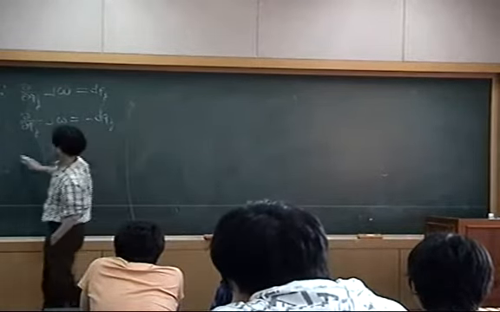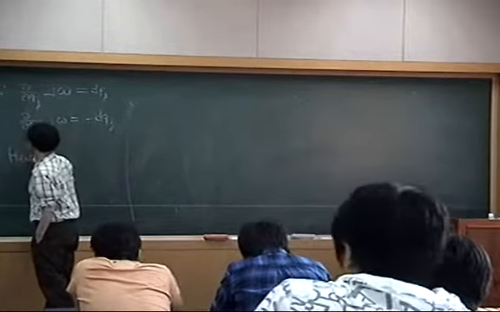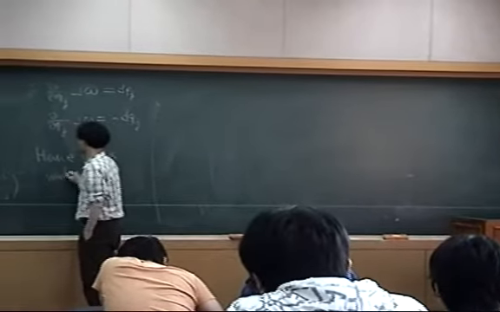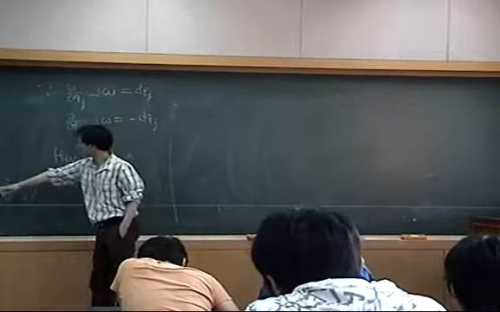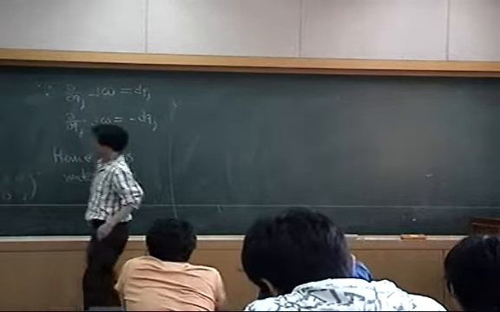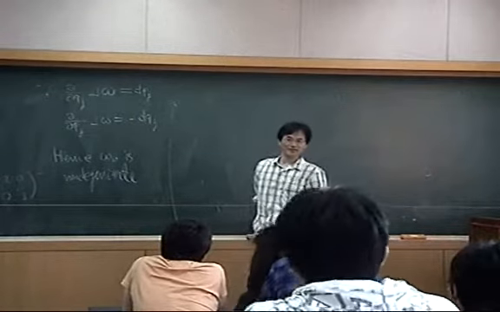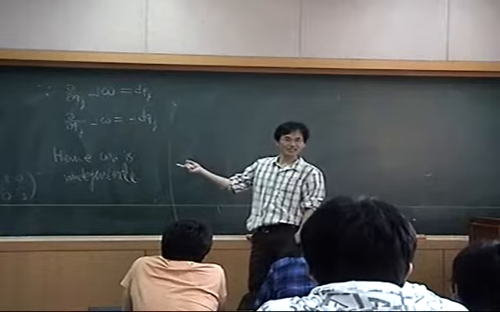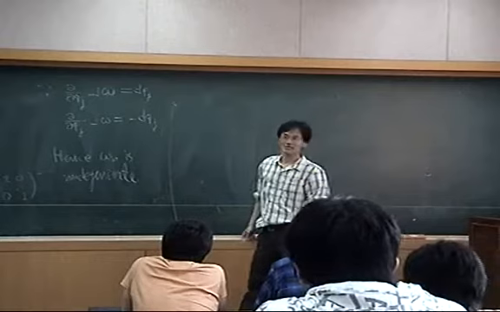This shows you that omega 0 is non-degenerate, because this matrix is an invertible matrix. And we know a skew symmetric matrix also has even rank. So if it is non-degenerate, this manifold must be even dimensional.